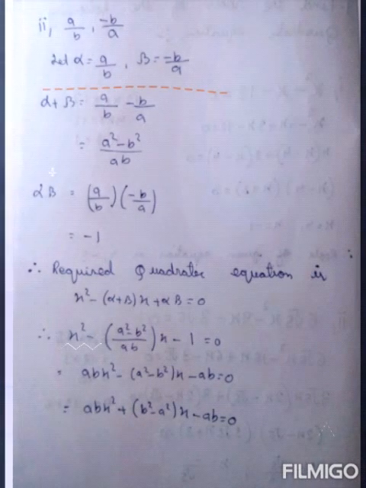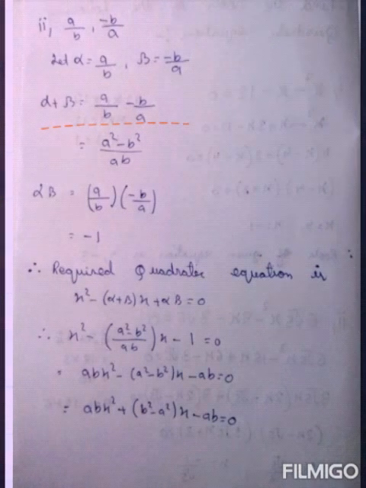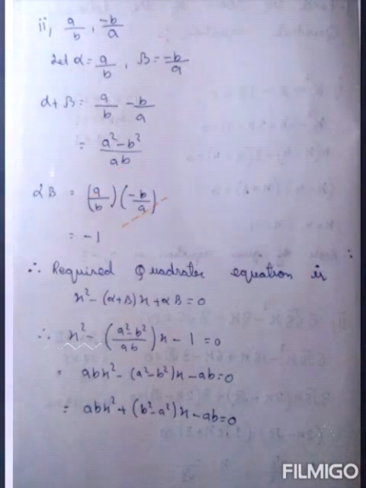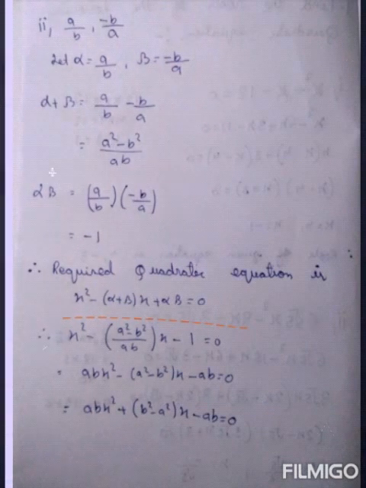So moving on to the next sum, a by b comma minus b by a. Take one as alpha and one as beta and add alpha plus beta, and here you should take the LCM, then we get (a square minus b square) by ab. For the product, a gets cancelled and b gets cancelled, so minus 1 remains. So the required quadratic equation is x square minus (alpha plus beta) x plus alpha beta equal to 0.